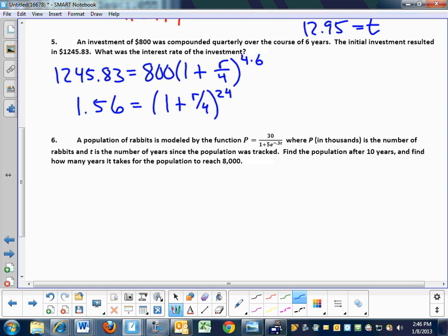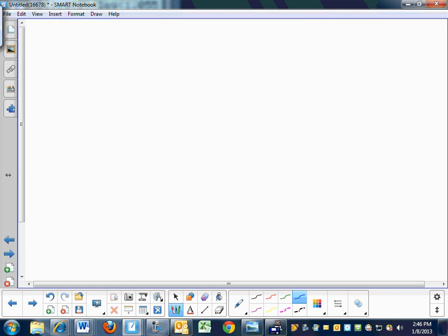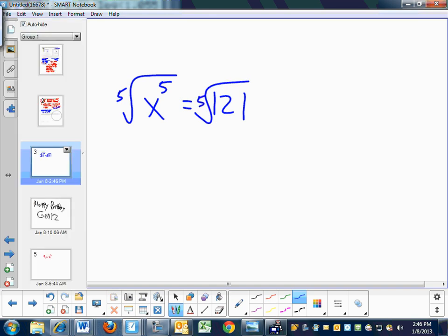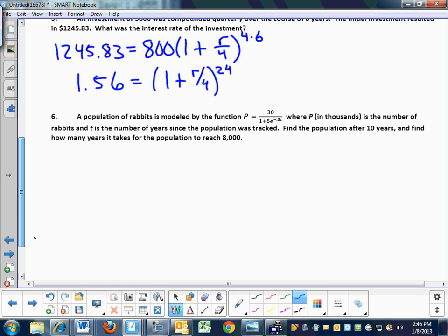Now, people generally don't remember how to do this. And you just got to think back to what you know about mathematics. If I had this problem, x to the 5th is equal to 121, how would you solve it? Yeah, you take the 5th root, right? And that would solve it for you. So what do you have to do to this one? Take the 24th root.